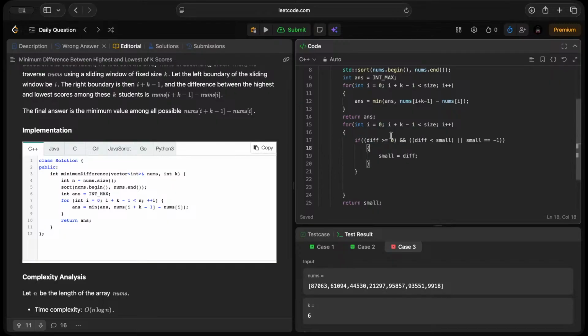We can do difference equals nums of i plus k minus 1 minus nums of i.